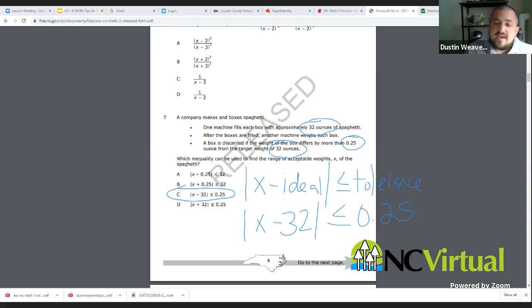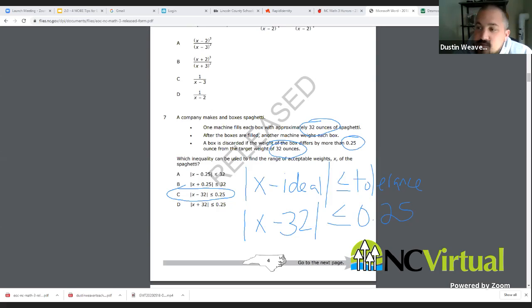Again, if you think about it, if you put the number 33 in for x, you get 1 is less than or equal to 0.25. So it's not, 33 would not be acceptable. An acceptable weight would be something between 32.25 and 31.75, meaning it's not off by any more than 0.25.